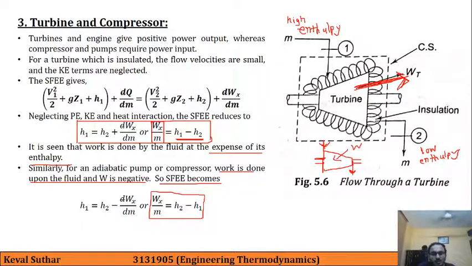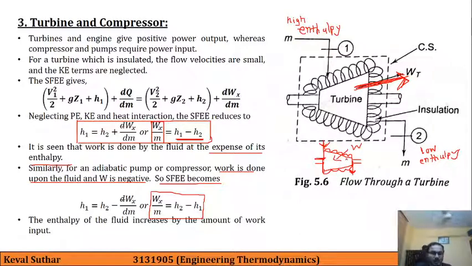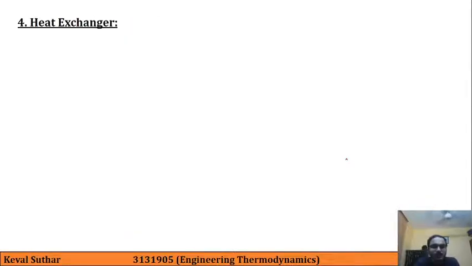Okay, so it will be very similar to this with only this difference, and obviously insulation will be present over here. So here the enthalpy of the fluid increases by the amount of work input. So here we are providing work input, because of that the enthalpy of the fluid increases in case of compressor or pump. Now our next example is heat exchanger.